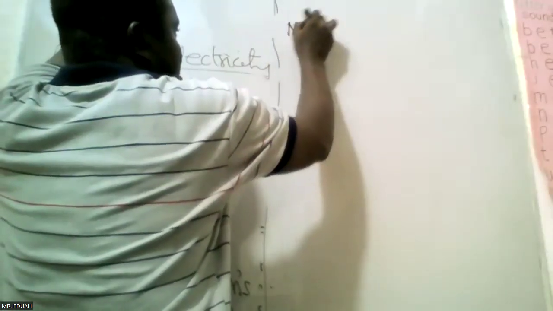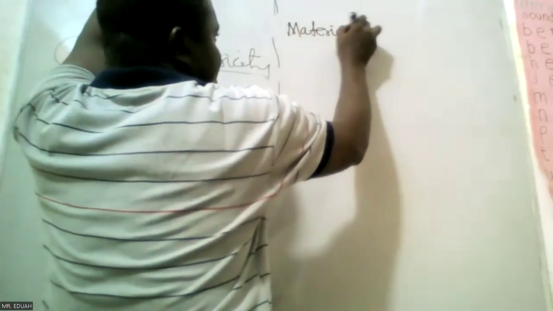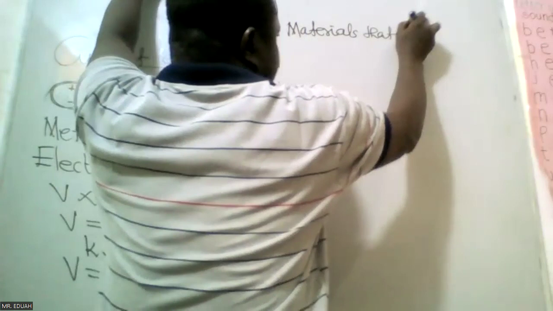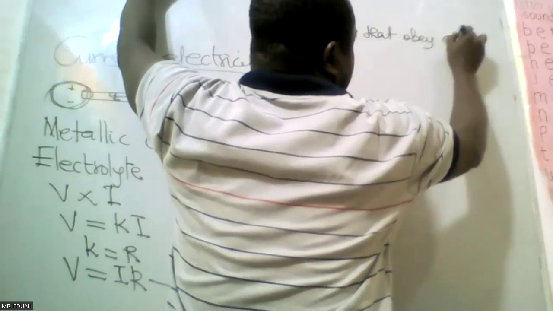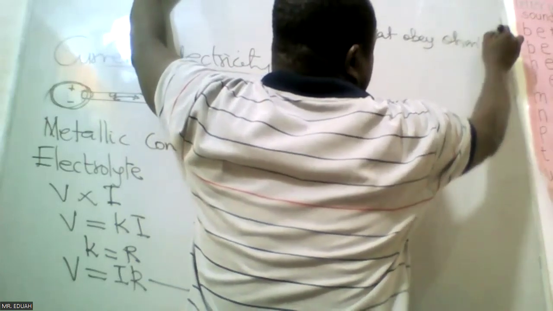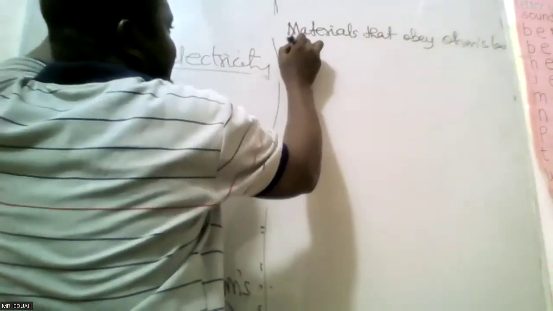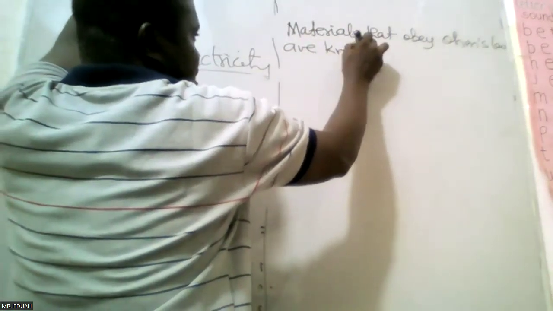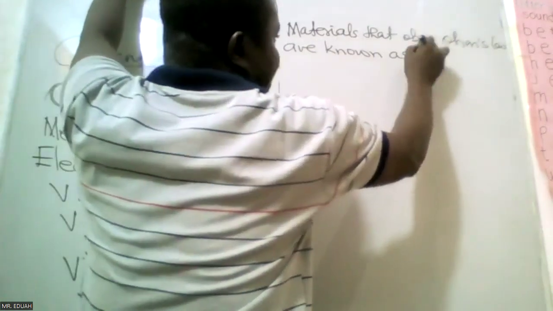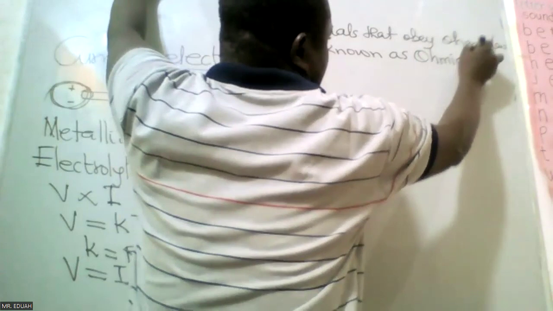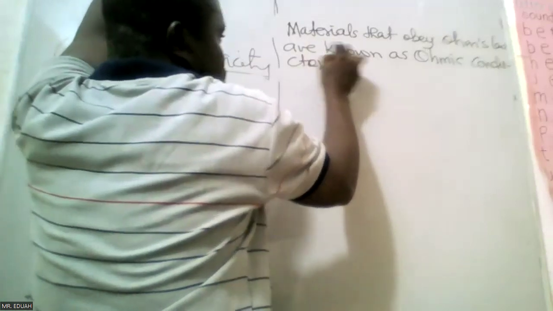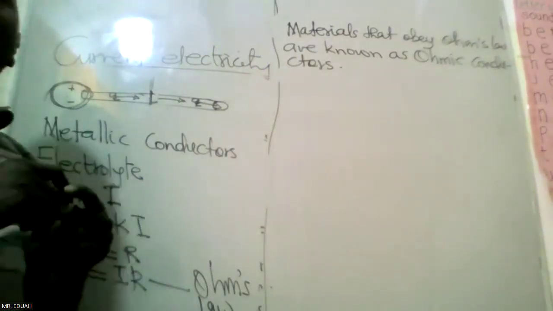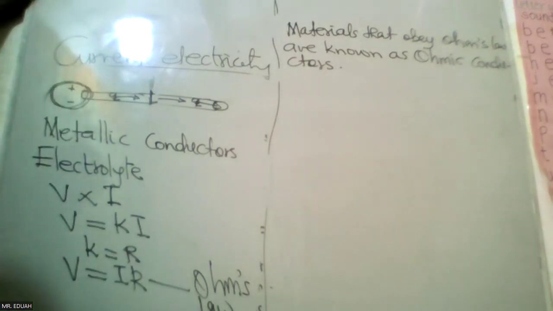So ohmic conductors are conductors or materials that obey Ohm's law.